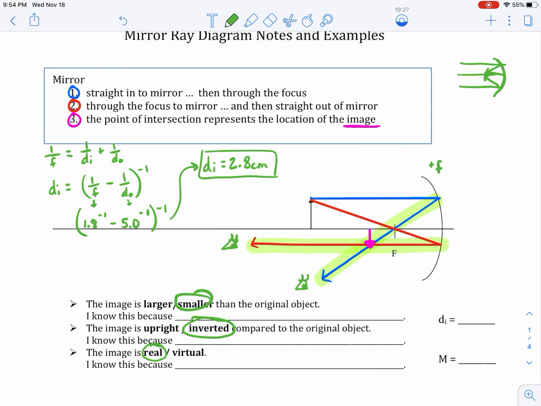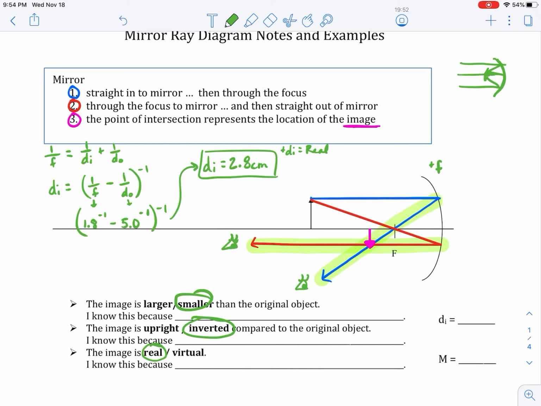Now, if we look back at our notes, we learned that a positive value for DI means we have a real image. And we do. That's what we already said from our ray diagram interpretation.